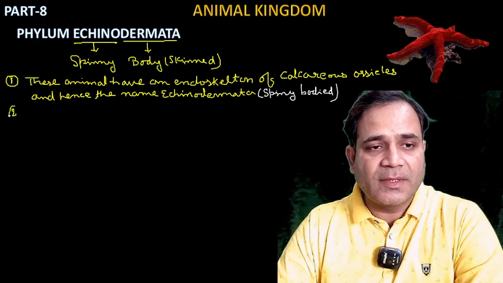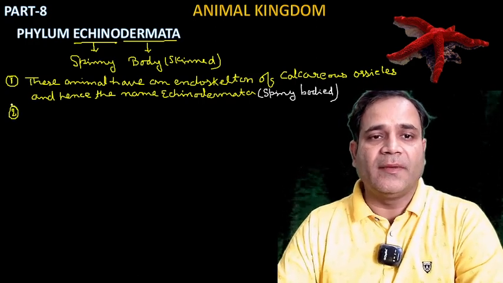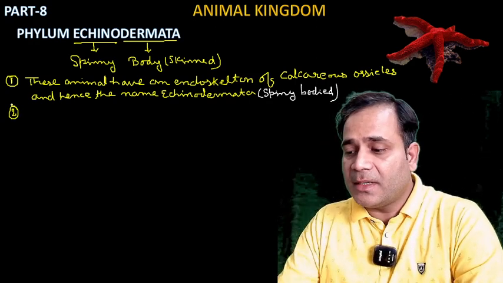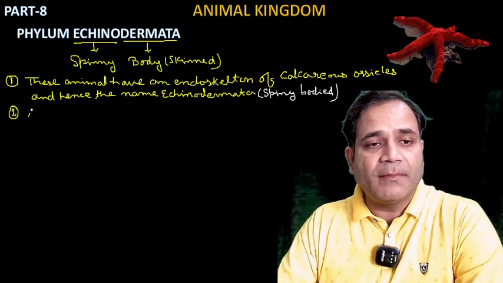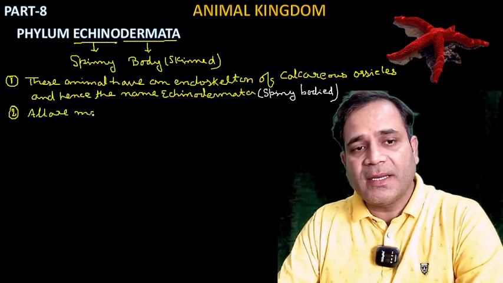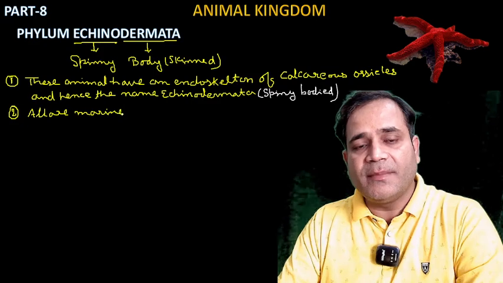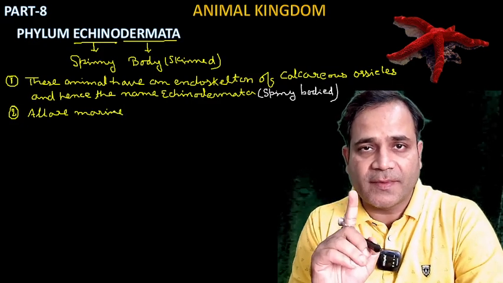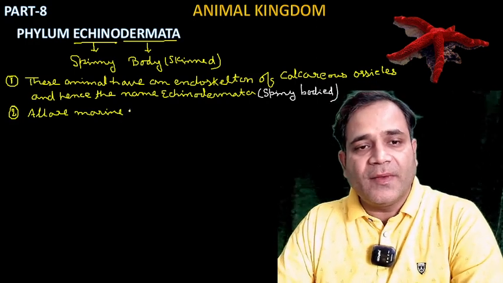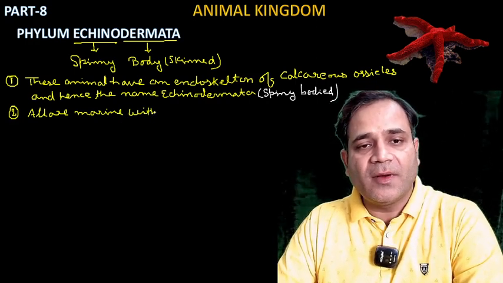Now the next very important point is habit and habitat, and then the level of organization. What is the habit and habitat of phylum Echinodermata? All are marine, my dear. If I'm saying all are marine, it means no one is found in fresh water, right? And the level of organization is what?